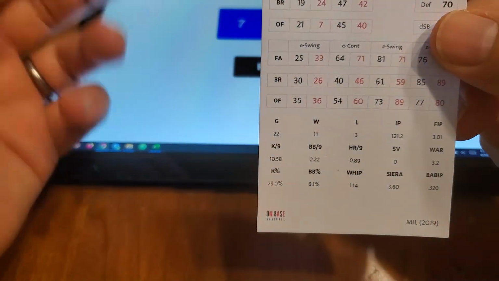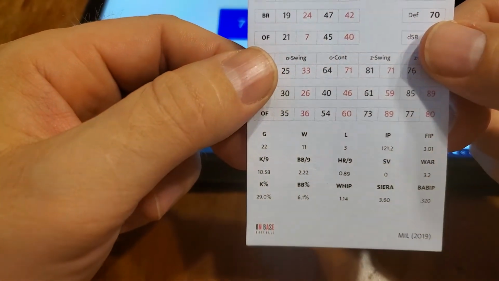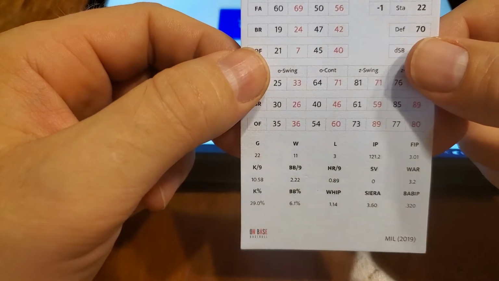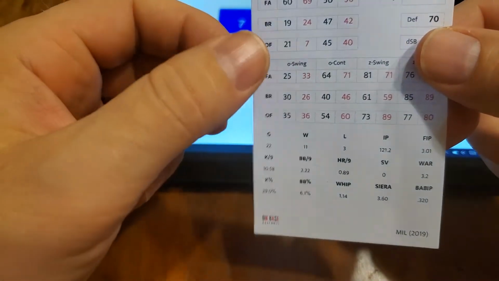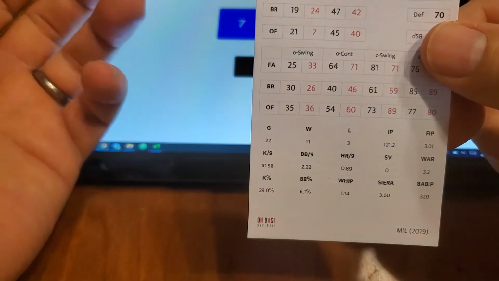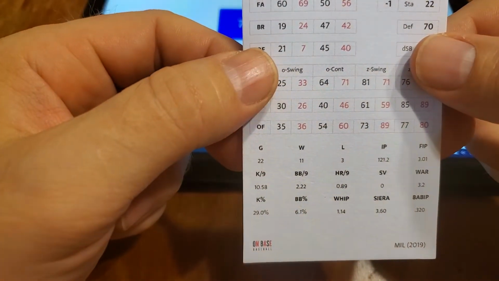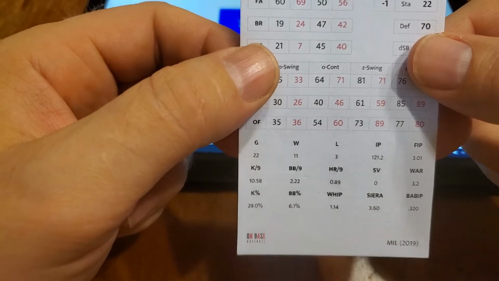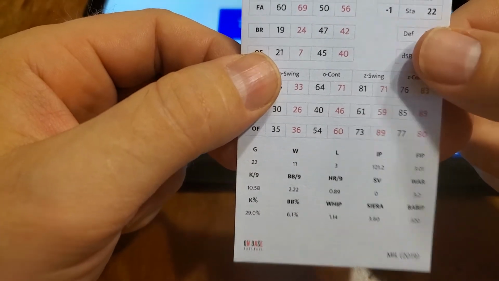Maybe when you've got a guy down 2 strikes, you want to look at his card and see, where's my best chance to get him out? Maybe it's with a breaking ball, and so I want to throw a breaking ball to try to put the batter away and get a strikeout.